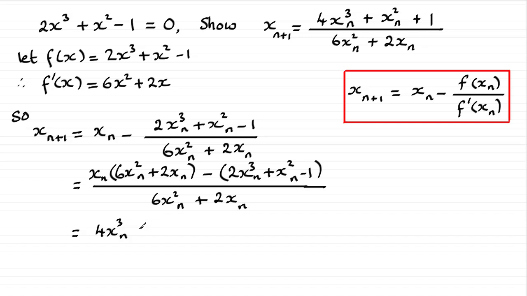And that's going to leave me with plus 1 lot of x squared with the subscript n. And then you've got the minus 1, which is plus 1, and it's all over then that denominator of 6x squared with the subscript there plus 2x with the subscript there. Okay, and that's how we do it.